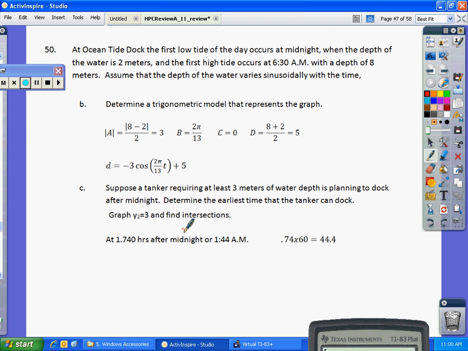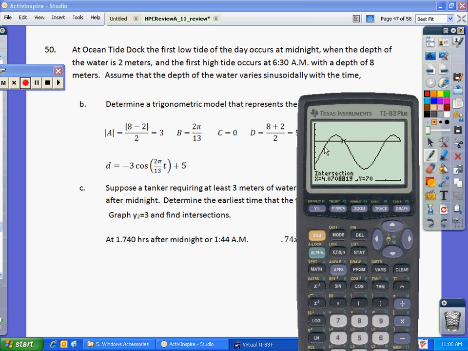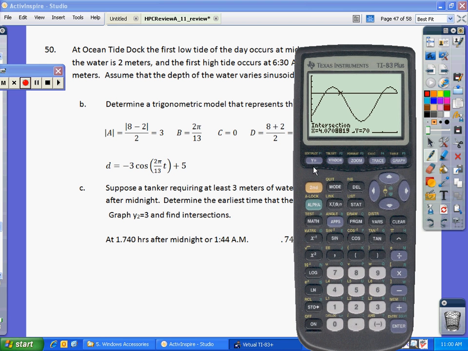Part C says, suppose a tanker requiring at least 3 meters of water depth is planning to dock after midnight. Determine the earliest time that the tanker can dock. So first thing we need to do is go and put our equation in.